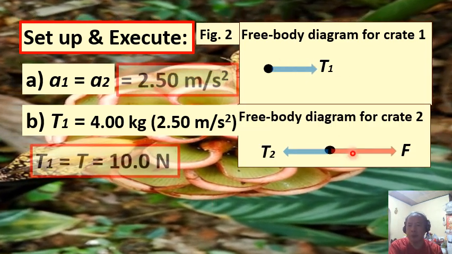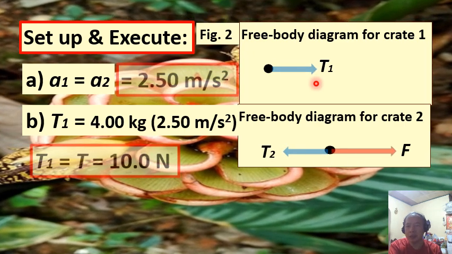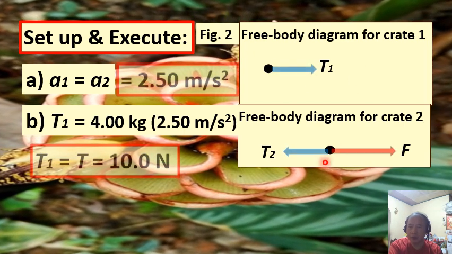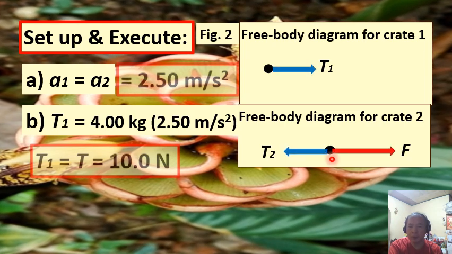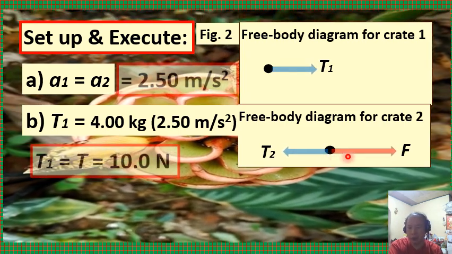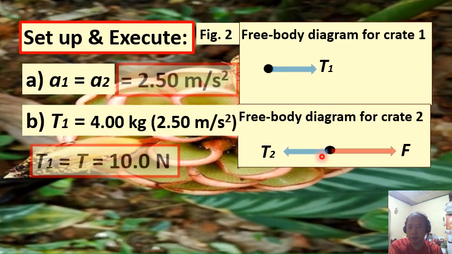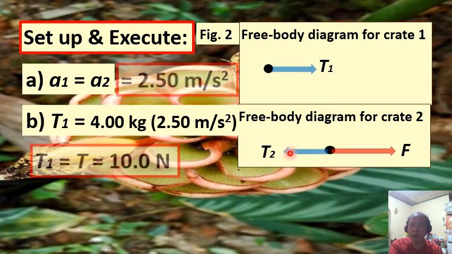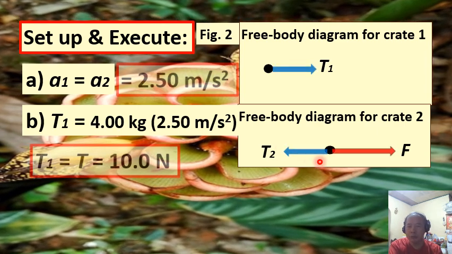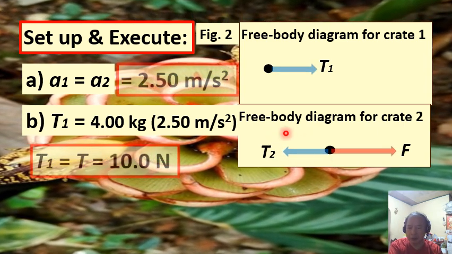The free body diagram for crate number 2. Just like in the case of crate number 1, we also represent crate number 2 as a dot or a particle. And we also do not include here anymore the two vertical forces since they both cancel out each other.